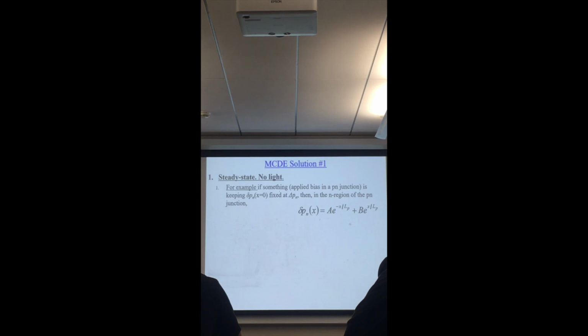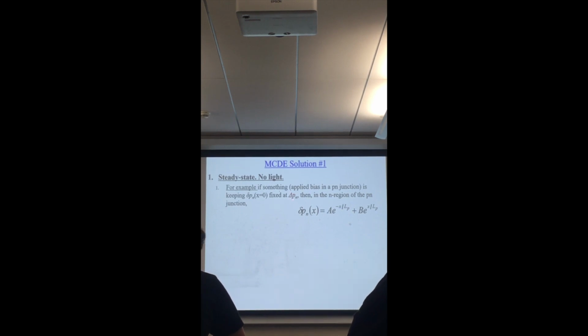Okay, so let's just use this solution 1. Let's look at a particular example. Say we have an applied bias in a p-n junction, keeping this delta p sub n at x equal to 0 fixed at a certain value.